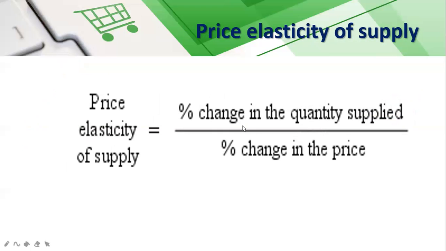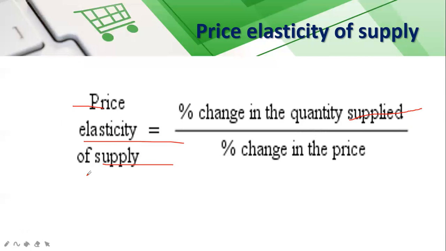Just like the formula for price elasticity of demand earlier, the only change is that instead of quantity demanded, it becomes quantity supplied. This is also known as price elasticity of supply, and that is its formula.